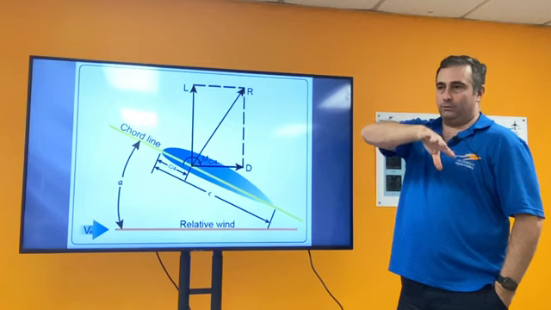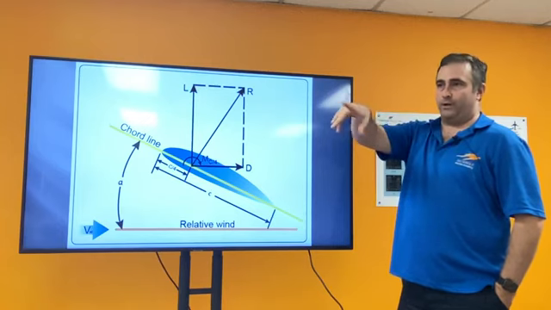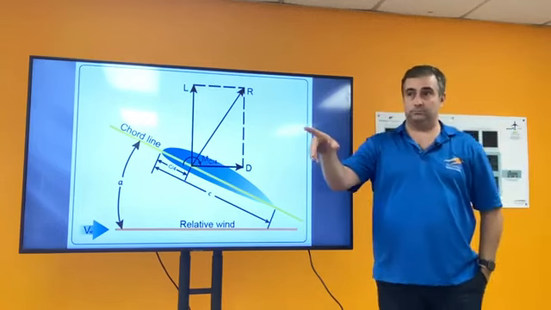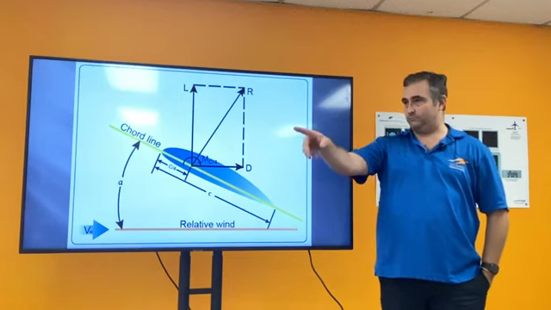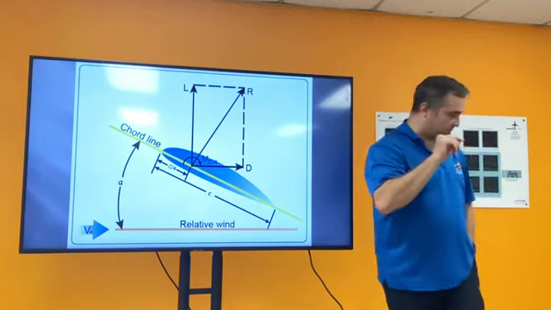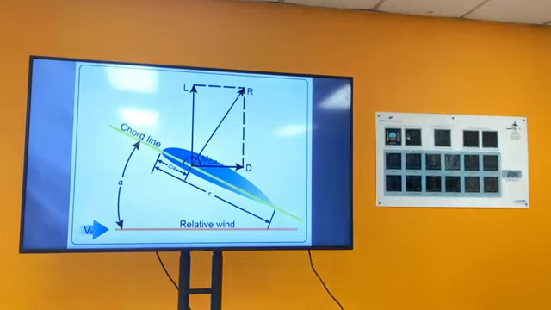You might know. Are we familiar with relative wind at all? I know. You're good? Relative wind? Okay. Fantastic. So, how does a 14-knot crosswind affect the relative wind of the airplane?